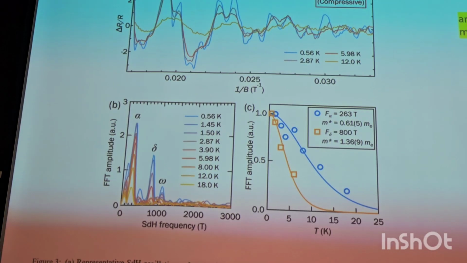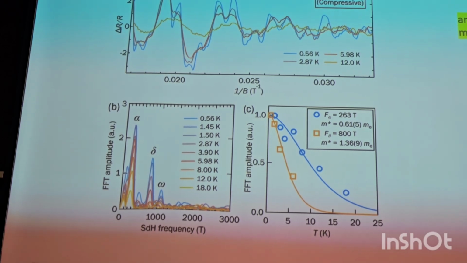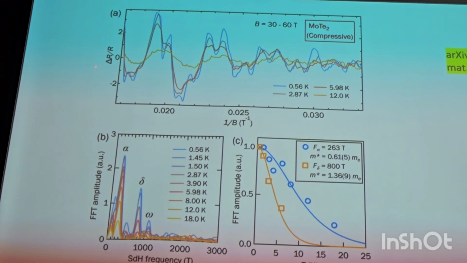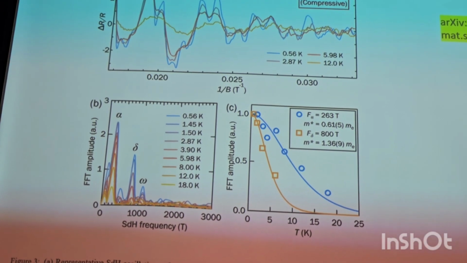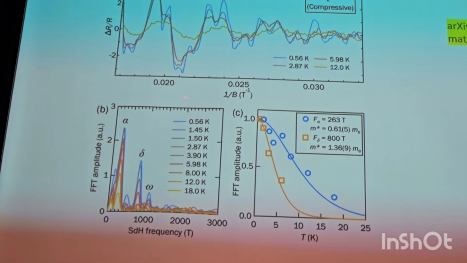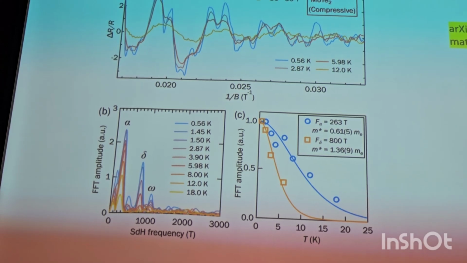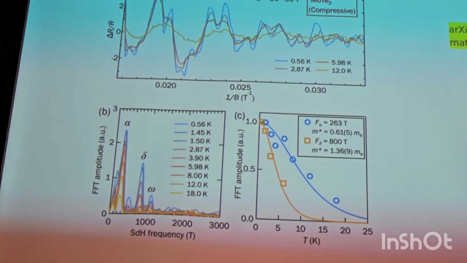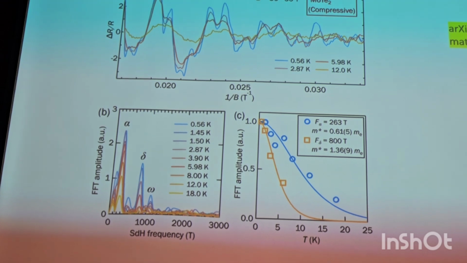interactions. Now some other graphs I would like to show you: if I were to plot the resistance versus the inverse of the magnetic field, you get these oscillations. Not only do you see oscillations in the magnetization, you also see oscillations in the resistance in the presence of magnetic field. So these are oscillations in the magnetoresistance.